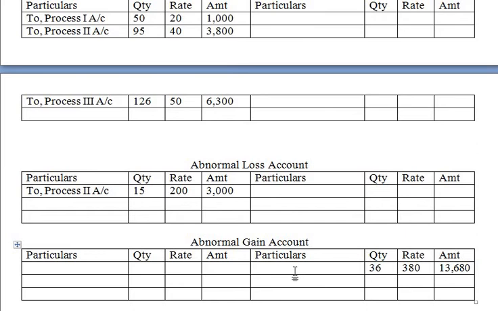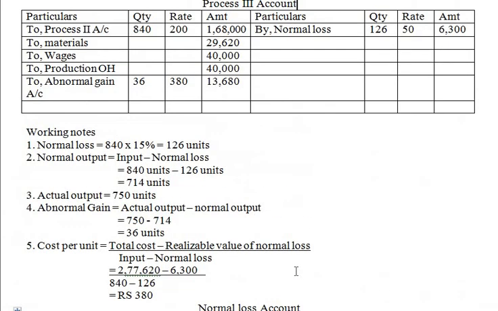That is by process 3 account. By process 3 account. Okay, now this we are going to close it.